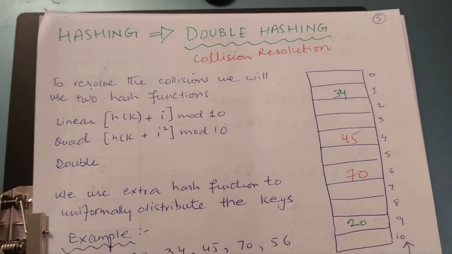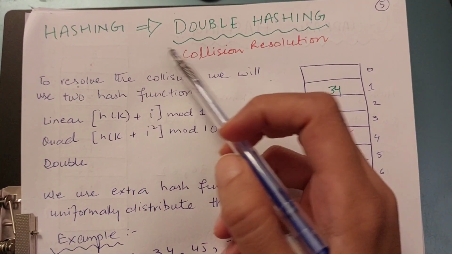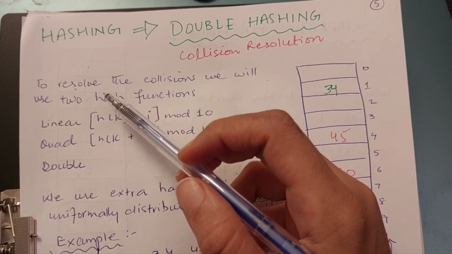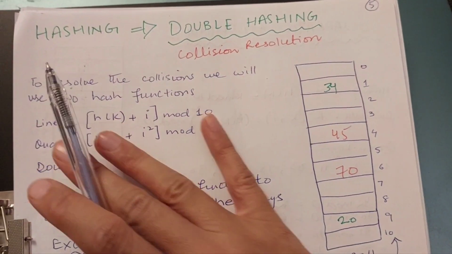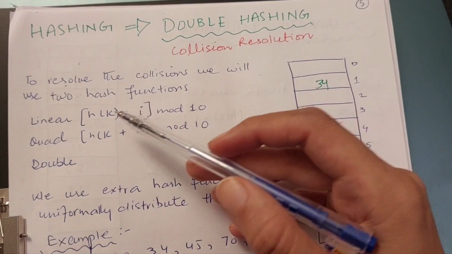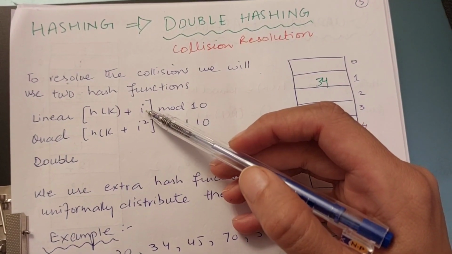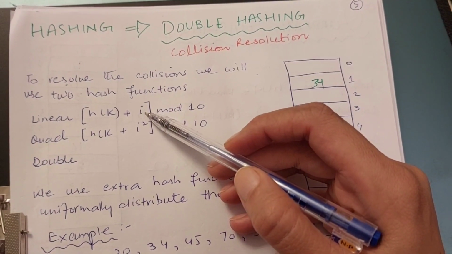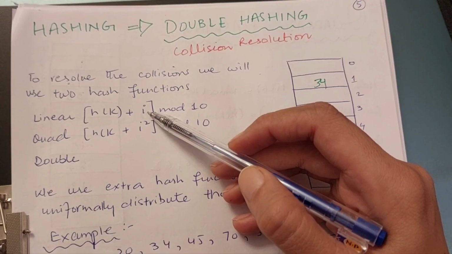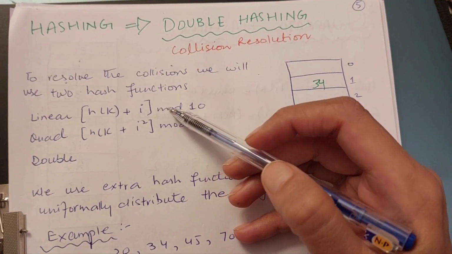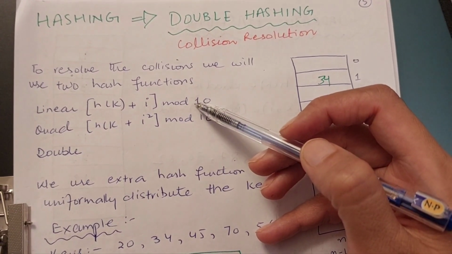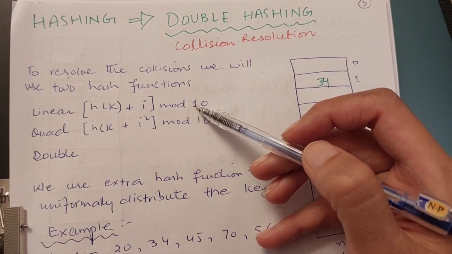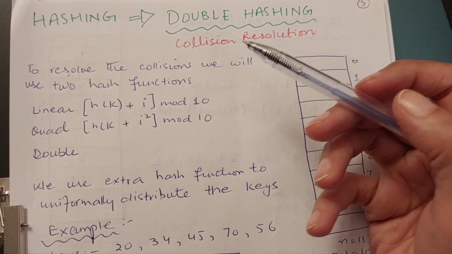In order to resolve it, in double hashing, we generally use a double hashing function. You have already studied linear hashing and quadratic hashing. In linear hashing, whenever we had a collision, we used an i number which was called the collision number, and then we took mod of 10, or whichever hash function you are using. It can be mod of k, any number.